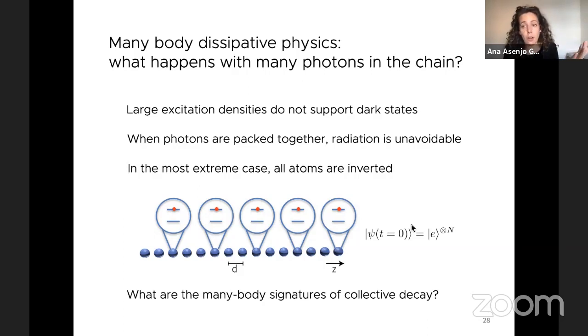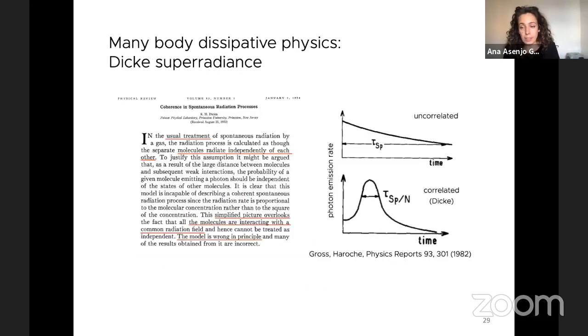It's very different from just a single excitation. The first to tackle this problem was, of course, Dicke. Dicke realized that when you place many atoms exactly in the same location, or in a cavity, which is basically the same, one can look at the photon emission rate.